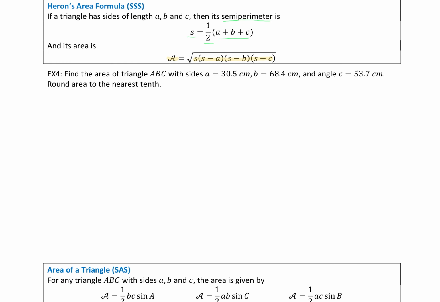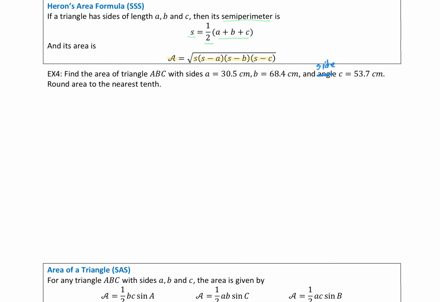In example 4, we have the area of a triangle with sides, and this should be a side as well. Copy, paste, and my typo. So you have these three sides. A is 30.5, B is 68.4, and C is 53.7.